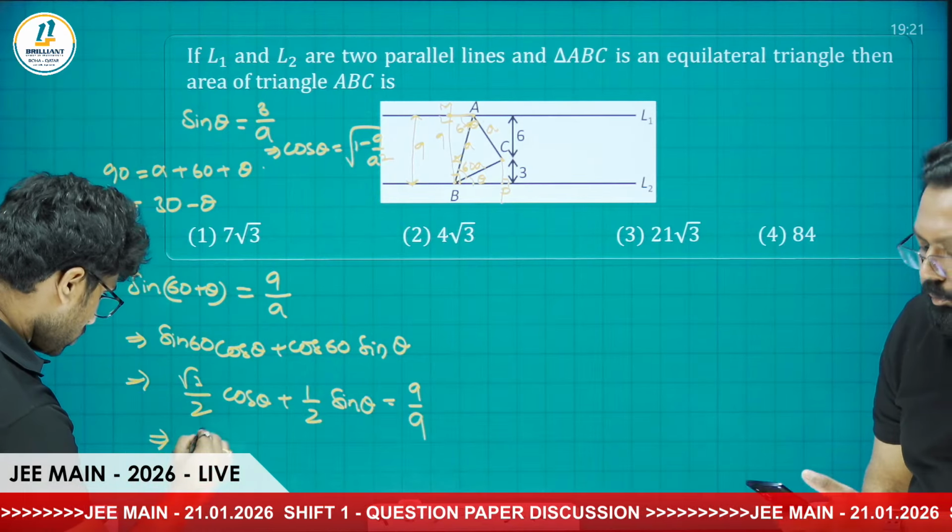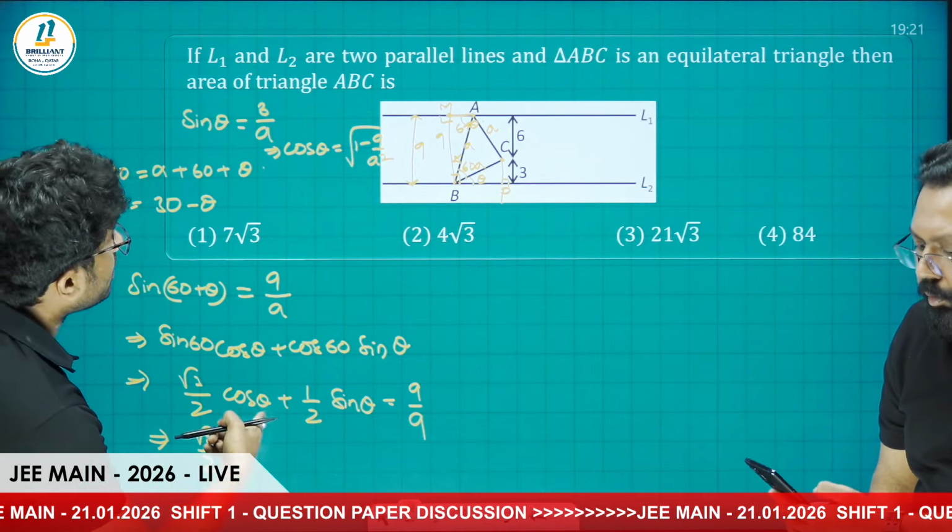Let's substitute it here: root 3 by 2 into, if I take the LCM, root over A square minus 9 divided by A, plus half into 3 by A.